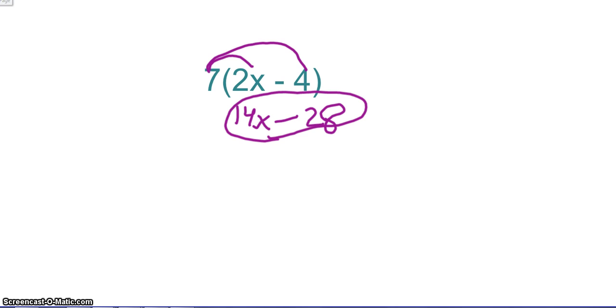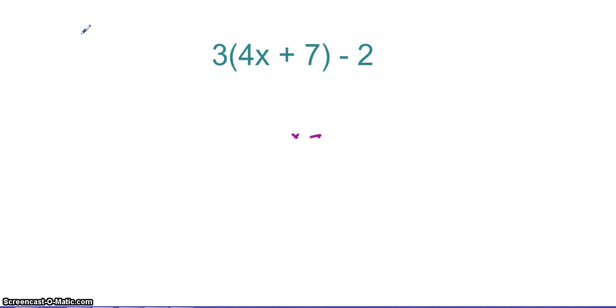Let's try another one. Okay, 3 times the sum of 4x plus 7, all minus 2. Okay, all subtracted by 2, or decreased by 2. So first, again, we're going to distribute the 3 to the 4x and distribute the 3 to 7.